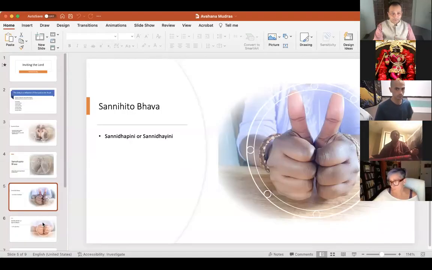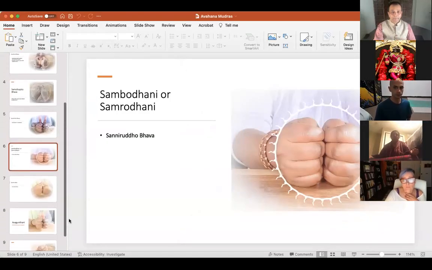Here you are inviting the Lord, and you are investing your energy and focus in seeing that the deity of the Lord is not just stone, but he is there in this stone. He is the Lord himself. So that is one aspect of prana, like invoking the auspiciousness.